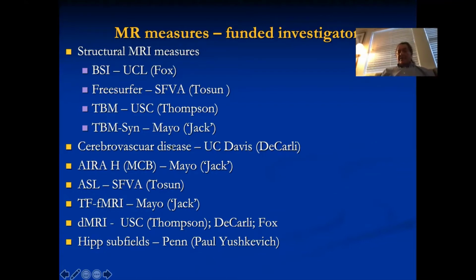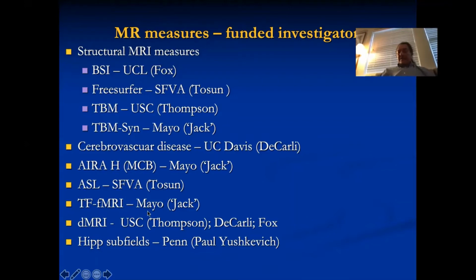Charles DeCarli is measuring cerebrovascular disease. The Mayo Group is looking at ARIA-H, that is with the microbleeds. Arterial spin label perfusion imaging is analyzed by Dr. Tosin at UCSF. Task-free MRI is measured at the Mayo Group, and diffusion by Paul Thompson's group. And hippocampal subfields by Paul Yuskowitz at the University of Pennsylvania.